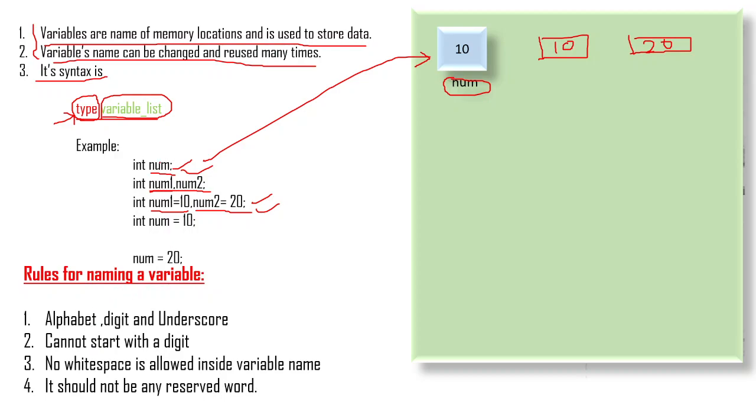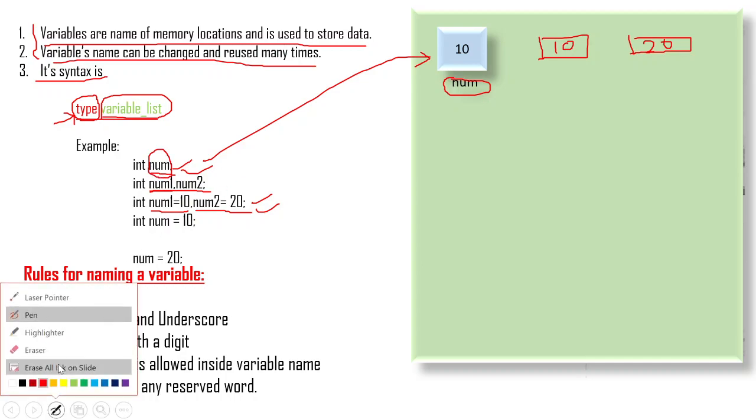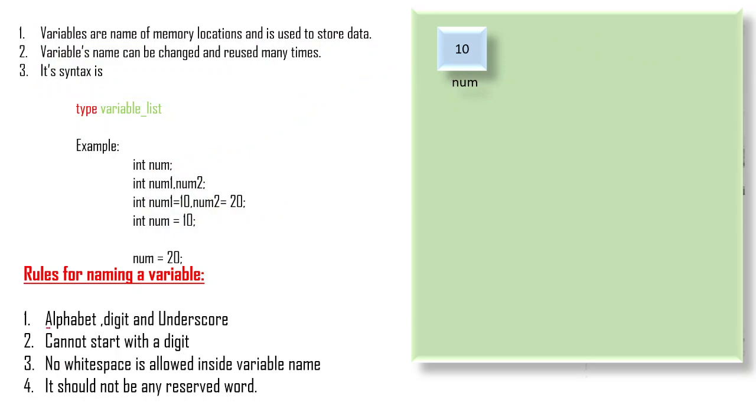It's not like you can give any name to this particular variable. Okay, so the names should contain alphabets, digits and underscore only. You can't put any other character in the name, like slash or anything.